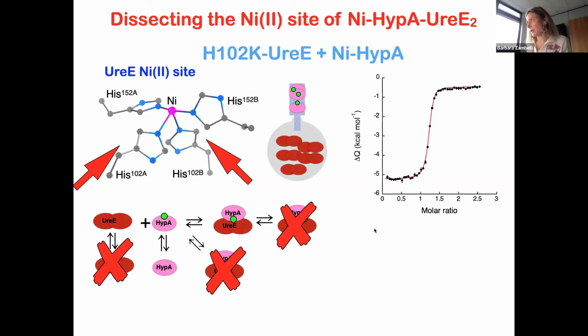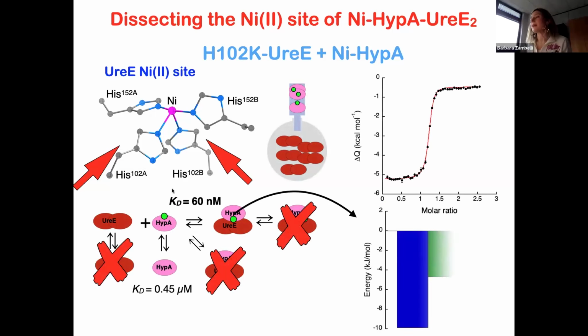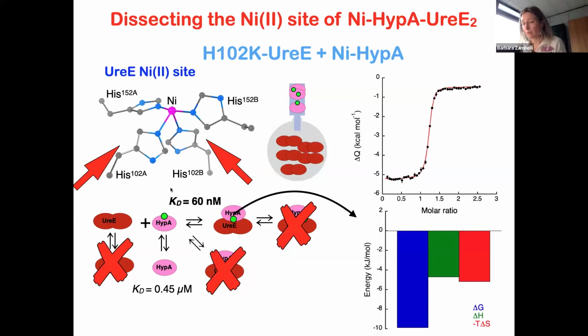Fitting all this data together, we could see that this binding site for the proteins in the presence of nickel decreases its affinity by 2 orders of magnitude.